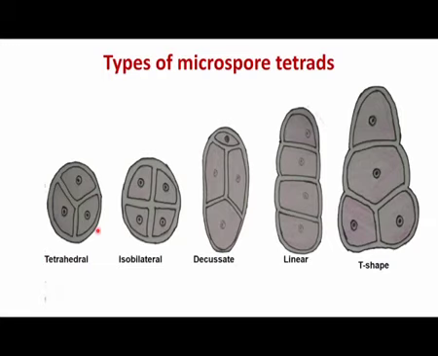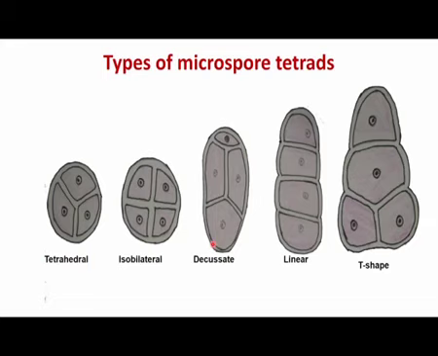How this arrangement happens during the development of the microspore depends on the plane of cytokinesis within the microspore mother cell when it divides. As I said, the usual microspore tetrad is either tetrahedral or isobilateral, but in some cases you can also get decussate, linear or T-shaped tetrads. So, these are the alternate microspore tetrads which are also formed.